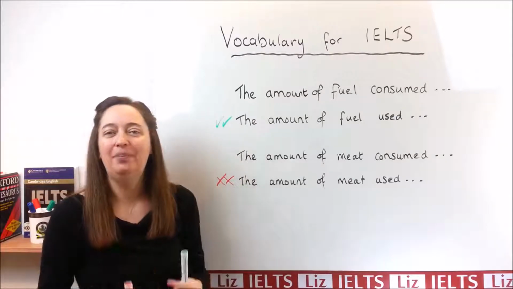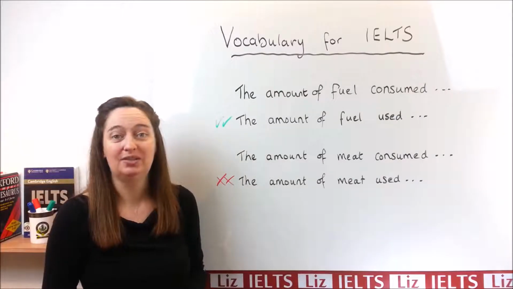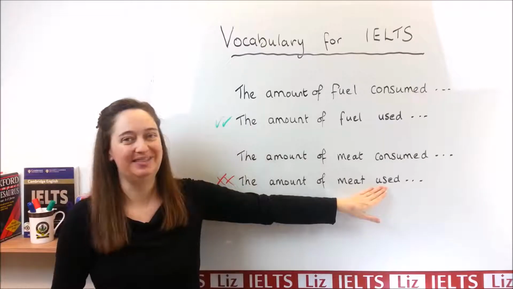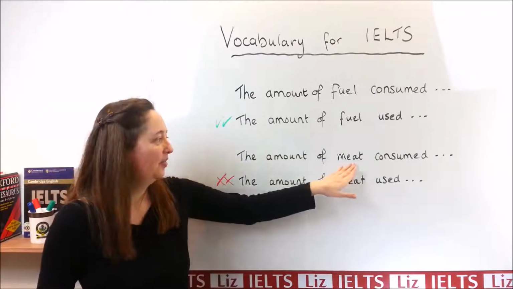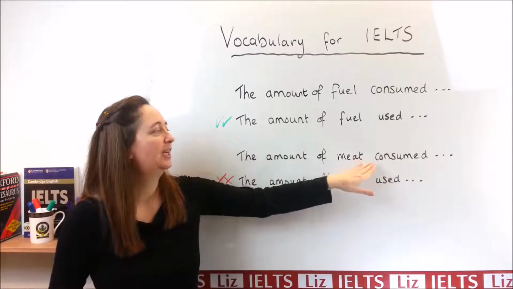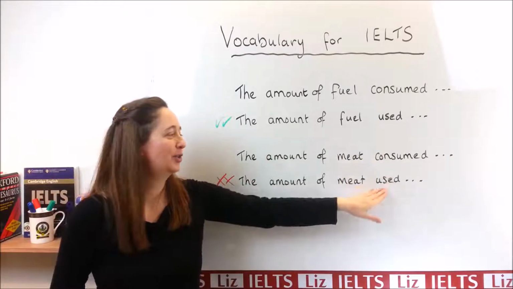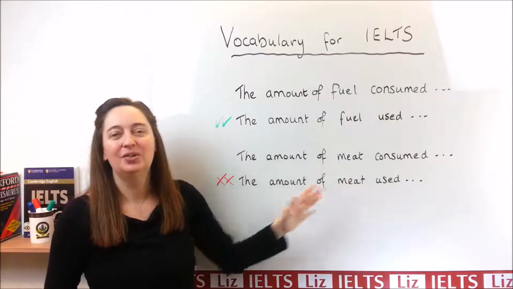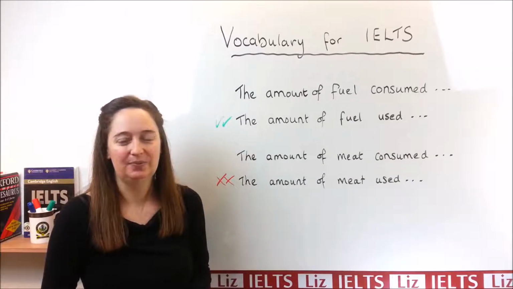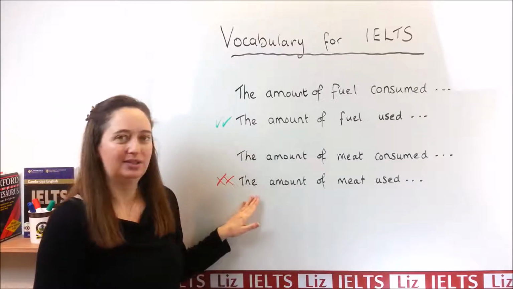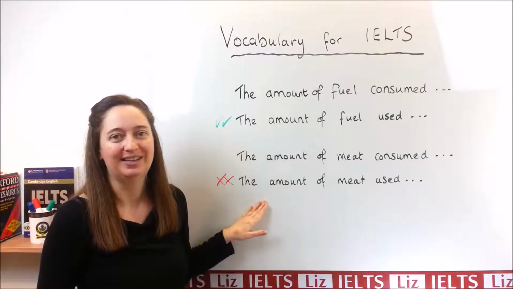You would have a big problem with vocabulary if you decided to use this synonym in this context, because this is actually referring to eating meat, not to using meat. So IELTS really is testing your understanding of synonyms. So let's have a look at what that sentence should have been paraphrased as.